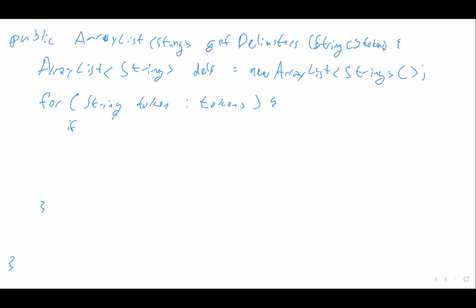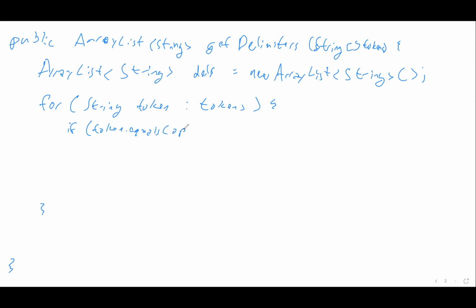So if token dot equals open del, that's one of our instance variables, or token dot equals close del, then we're going to add it to the array list. Then dels dot add.